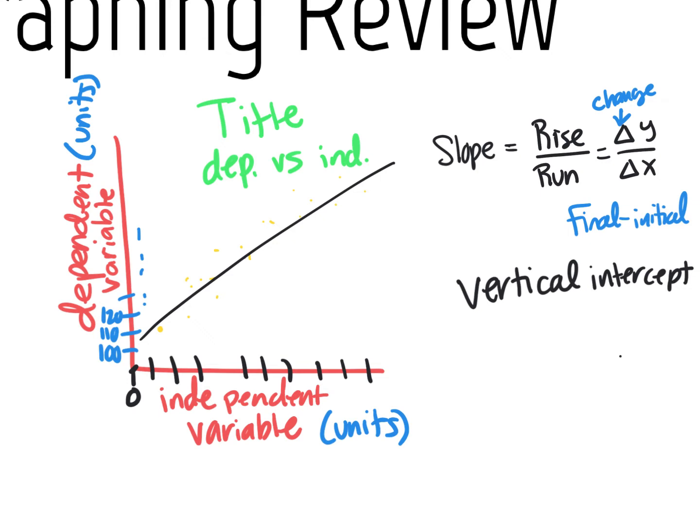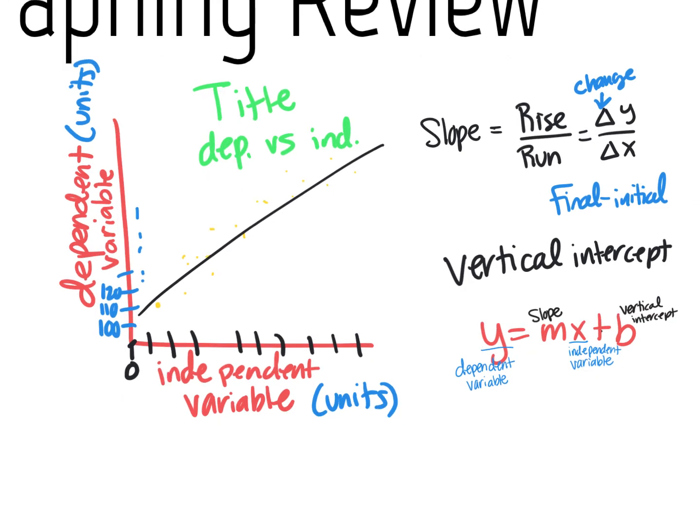Using the slope and the vertical intercept, you can then find the equation of the line using y equals mx plus b. When you use this form, the y stands for the dependent variable, the x stands for the independent variable, your slope is your m, and your b is your vertical intercept.